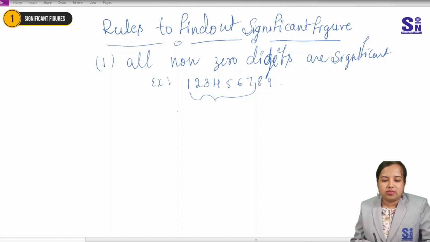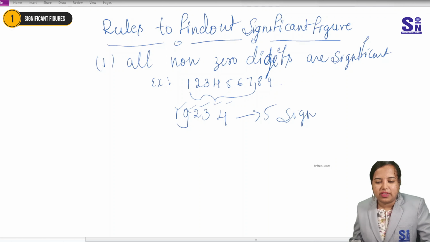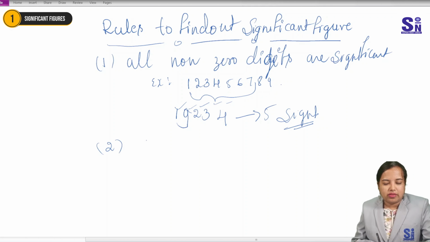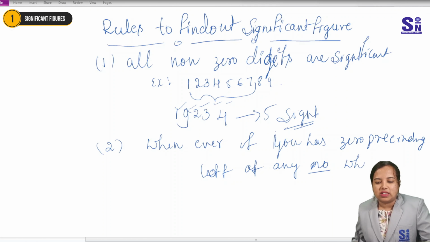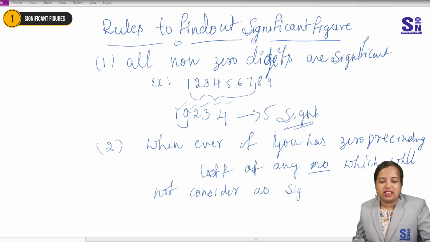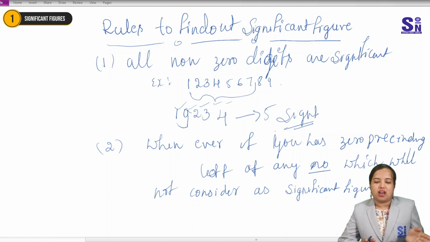For example, 1, 2, 3, 4, 5 has 5 significant figures. The second rule says whenever you have a 0 which is preceding, which is to the left of any number, it will not be considered a significant figure. See, the second rule says any 0 which is preceding or which is trailing.